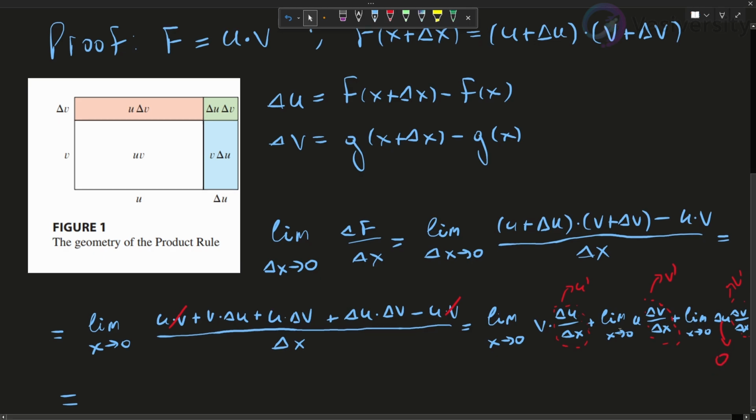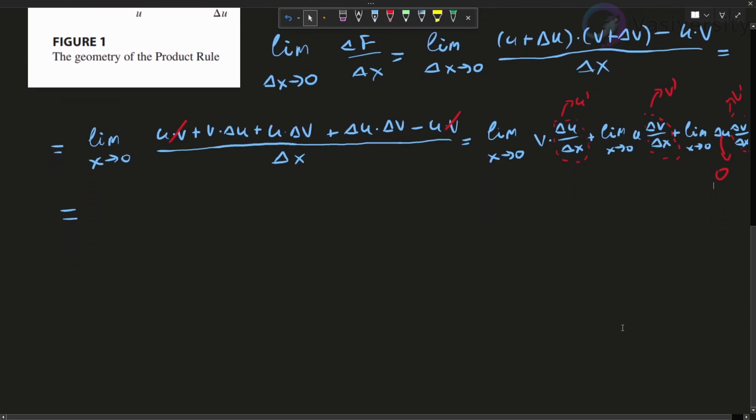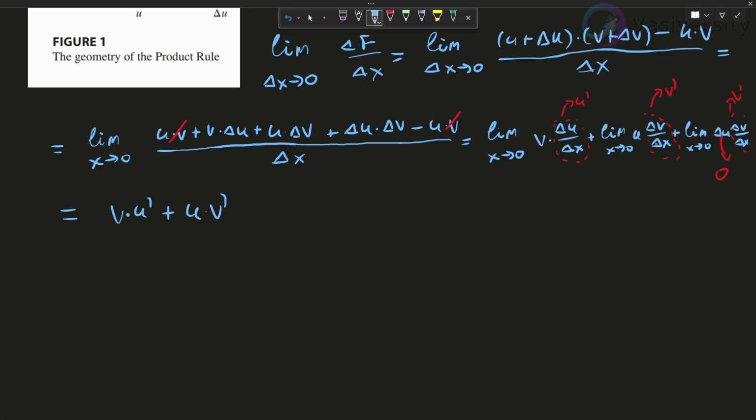Delta u is a part of delta x, which approaches 0, so this whole term approaches 0. That means we are left with v times u prime plus u times v prime, plus 0. So we've proved that the derivative of u times v is equal to u prime times v plus u times v prime.